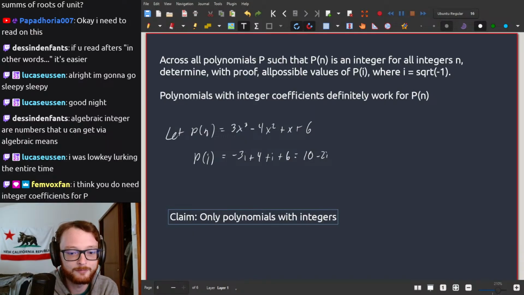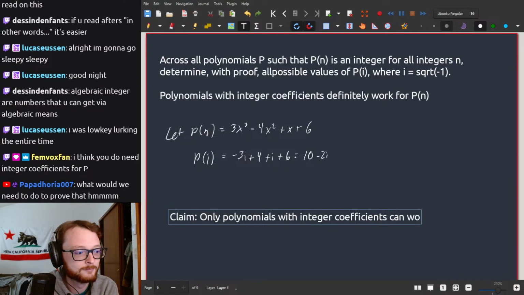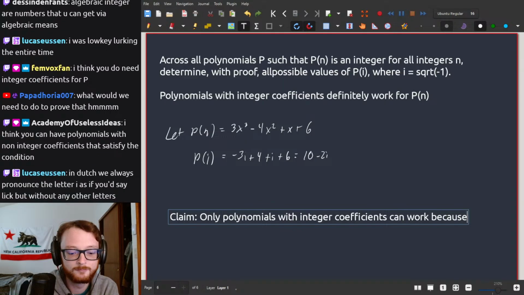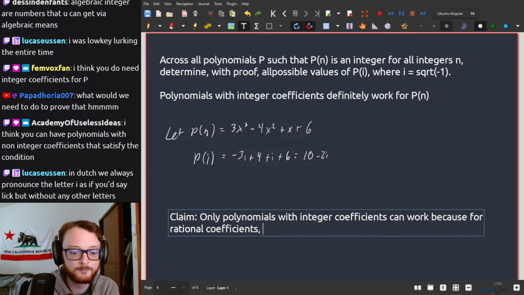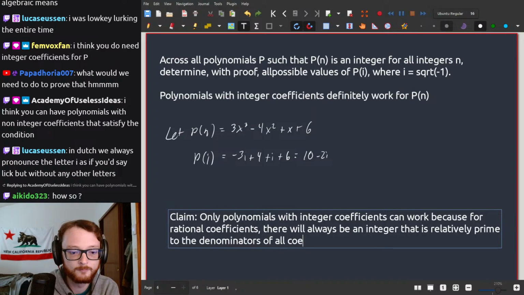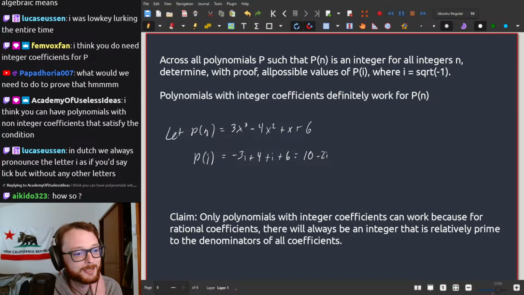Let me type it out. That's my conjecture, I guess.